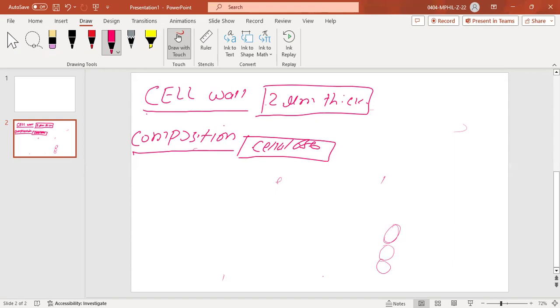So what is cellulose? Cellulose is a polysaccharide, right? The structure is like there are some parallel fibers.